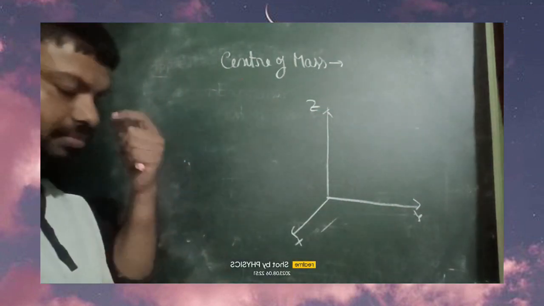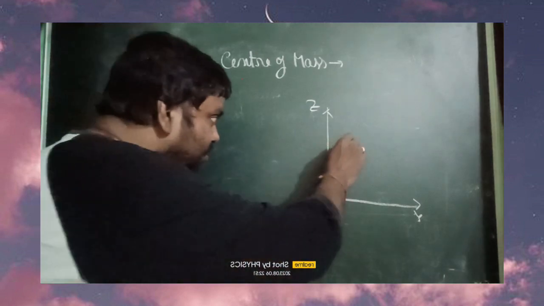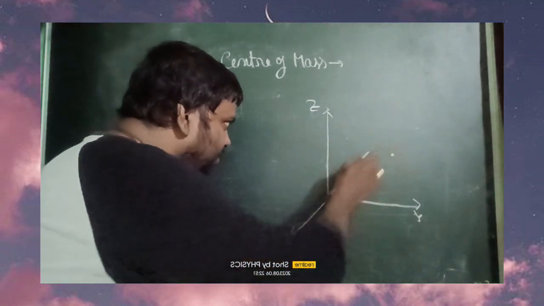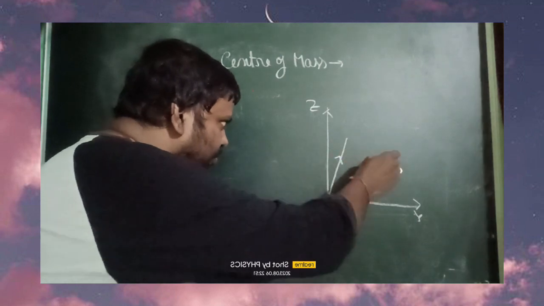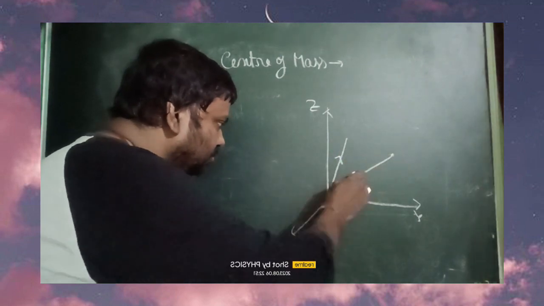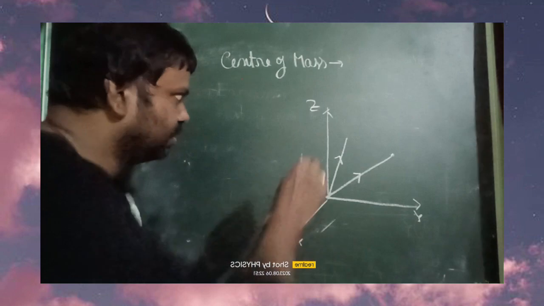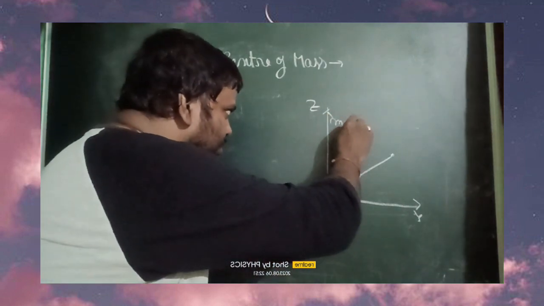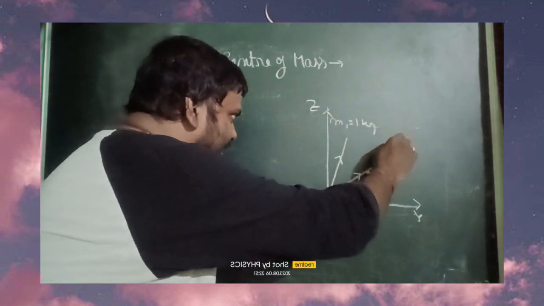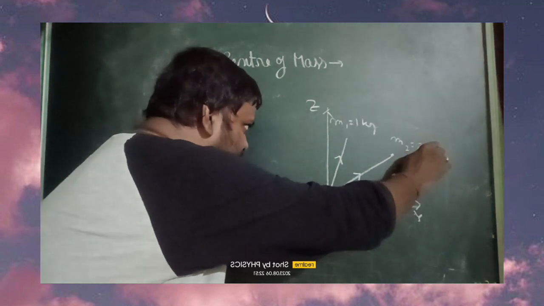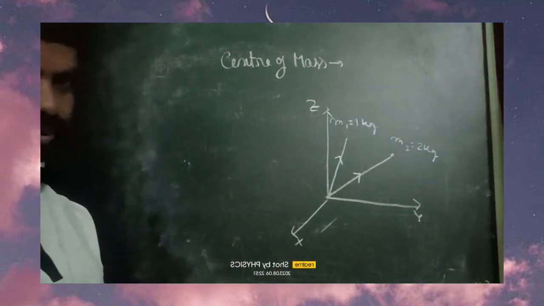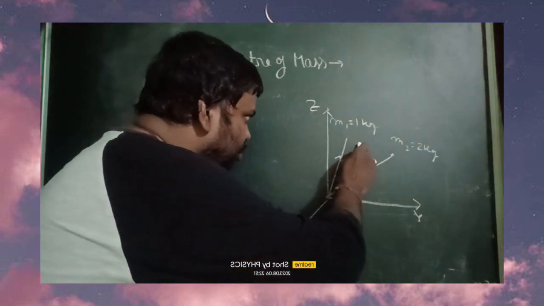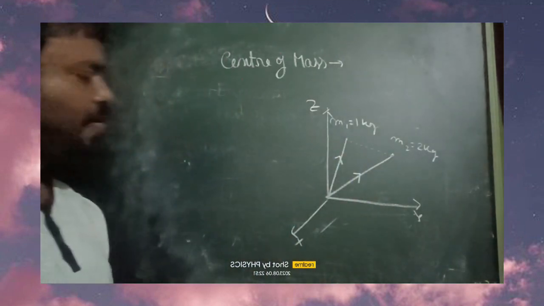Now let us consider two points denoted by two position vectors. Here m1 equals 1 kg and m2 equals 2 kg. We assume it. Now find the position of the center of mass.